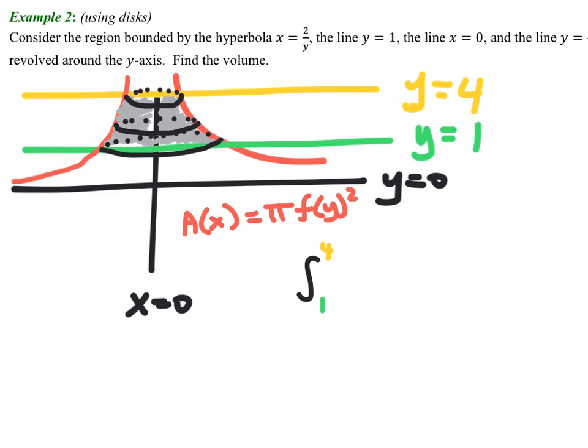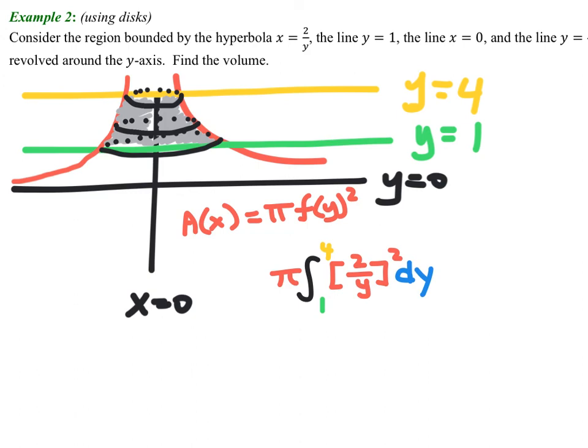So my area function would be pi times 2 over y, squared. And each of these widths would be dy, so I've got little small widths for dy.